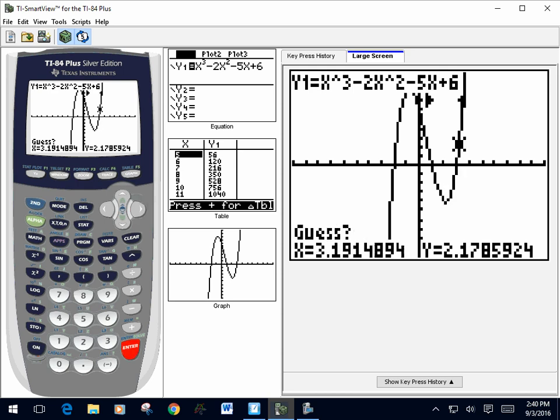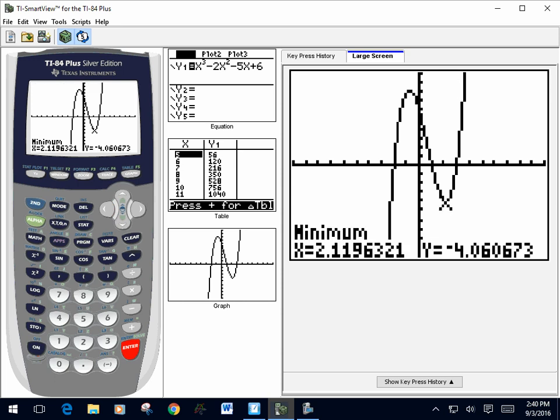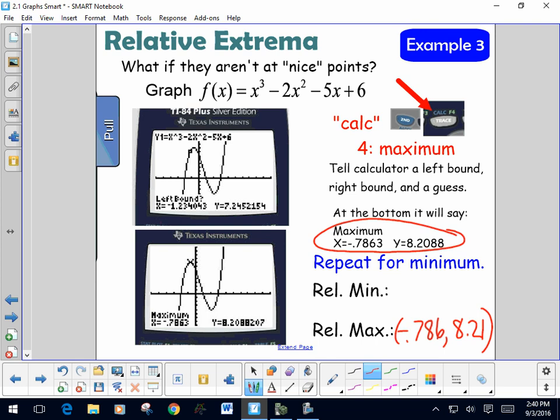Hit enter. And then a guess, just get kind of close to it, hit enter again. And the minimum is now up on your calculator screen. So 2.12 and negative 4.06. So that would be the relative minimum value for the function.